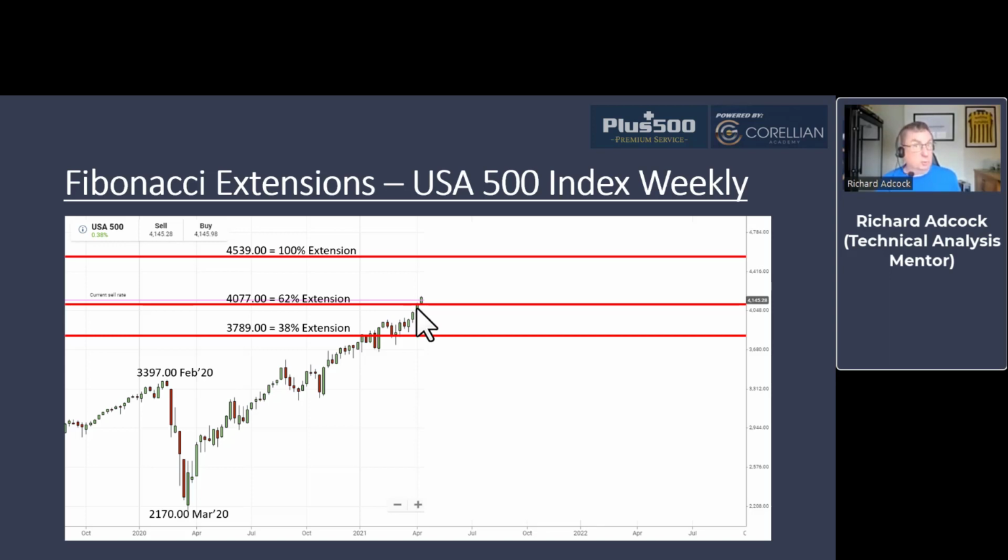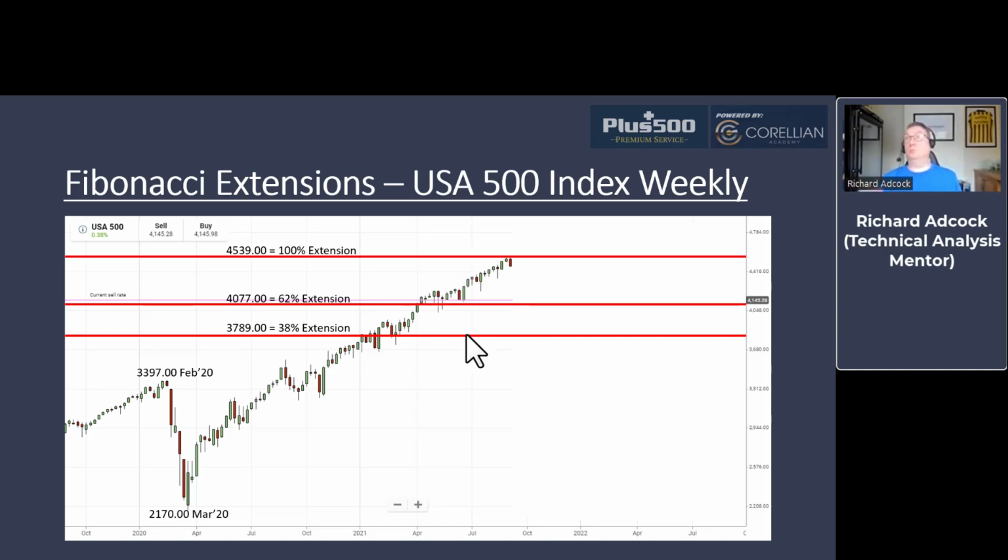That acted as a short-term resistance level, but didn't see any sort of reversal in sentiment, and further support materialized to produce a successful upside closing break above the 62% extension level, which in time then opens the door towards the 100% extension of 4539. So each time we break through an extension point, we have an idea of where the potential next resistance level is set to be.